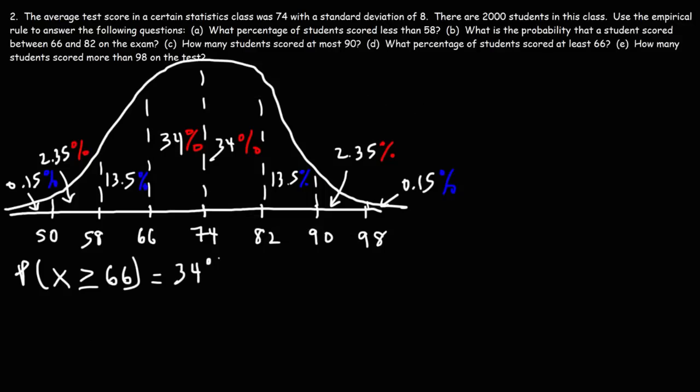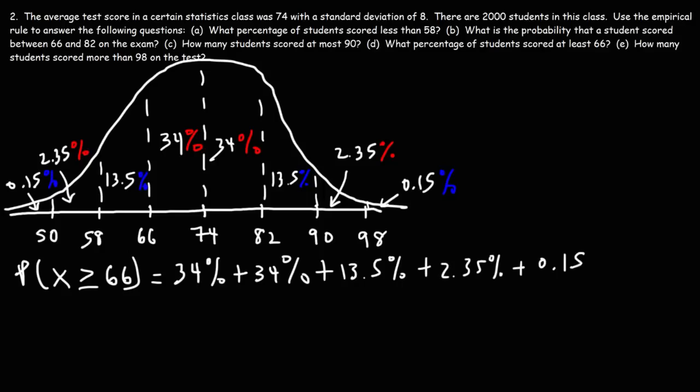So we're going to add 34% plus another 34% plus 13.5%, and then 2.35% plus 0.15%. So the answer is going to be 84%.